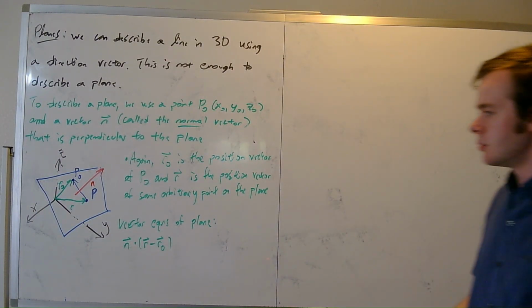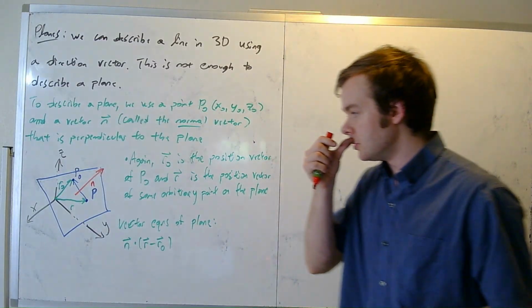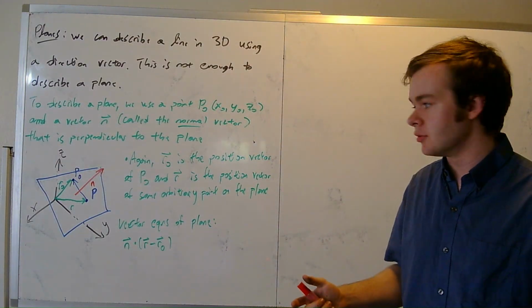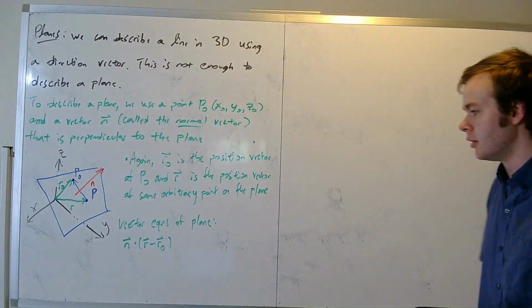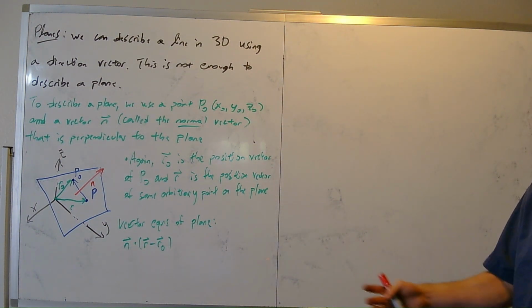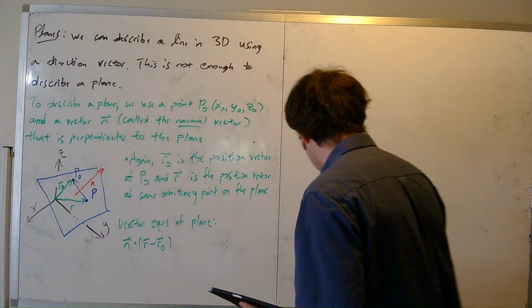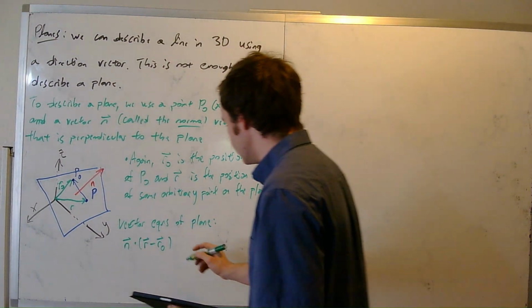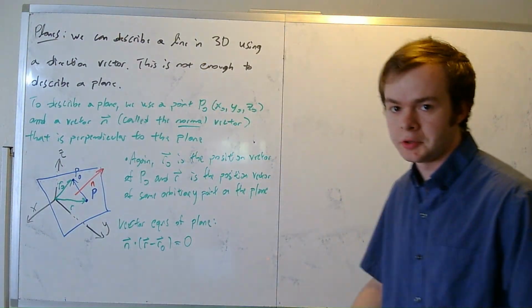So if you take the dot product of this blue vector with this red vector, well, notice the 2 vectors are perpendicular because this is a vector on the plane, this is a vector perpendicular to the plane. Now, if you take the dot product of 2 perpendicular vectors, that always gives you 0. So our vector equation here is going to be that this is equal to 0.